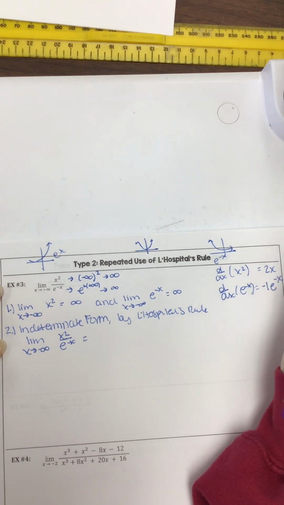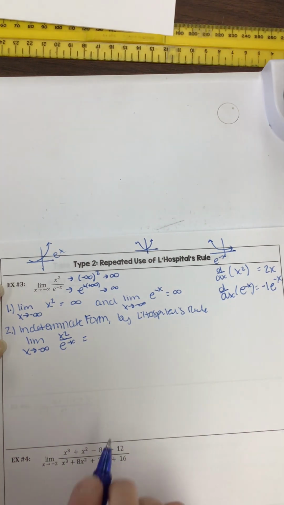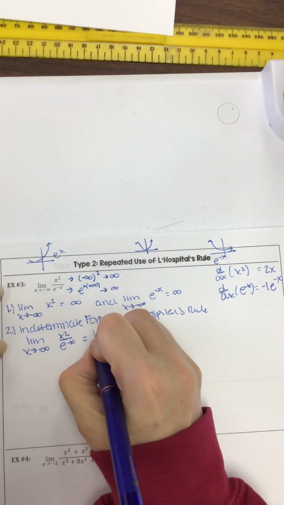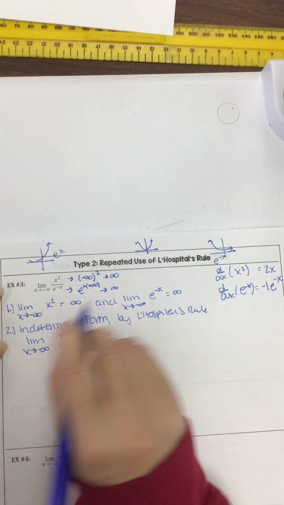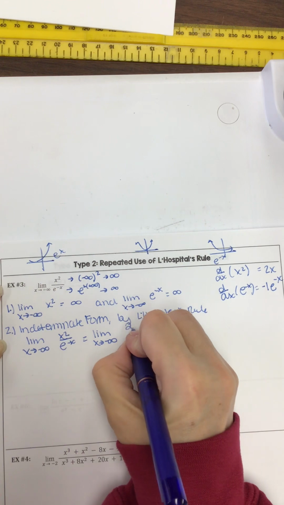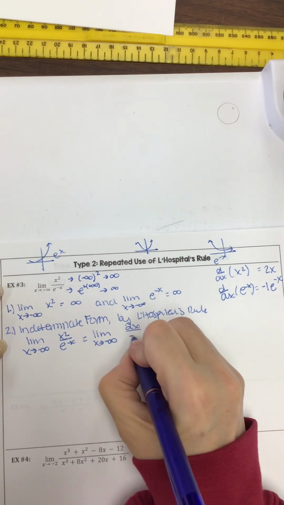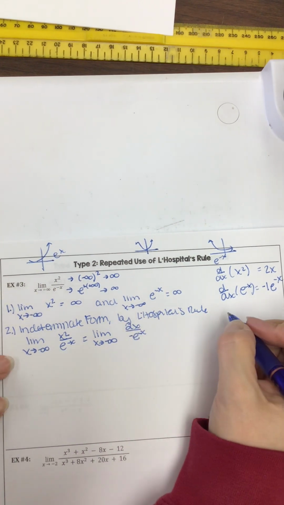Yeah, because the derivative of e to the x is just e to the x, but then we have to do the derivative of the inside. So we now have the limit as x approaches negative infinity of 2x over negative e to the negative x.